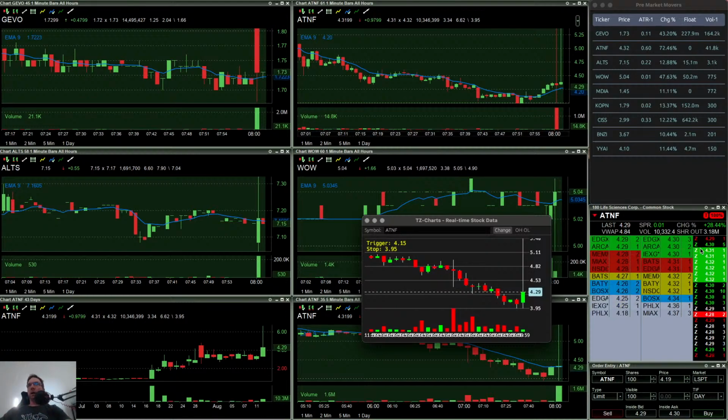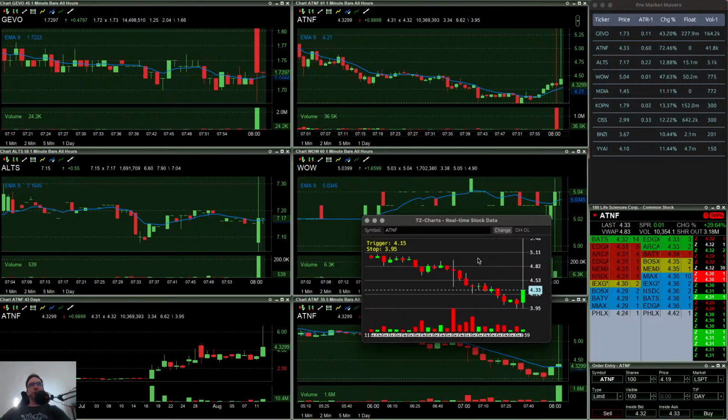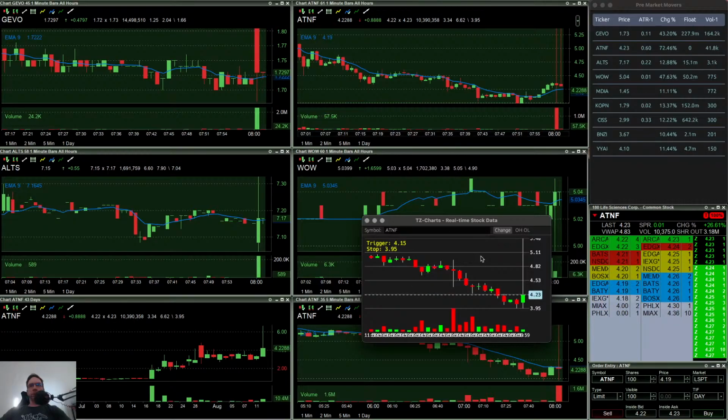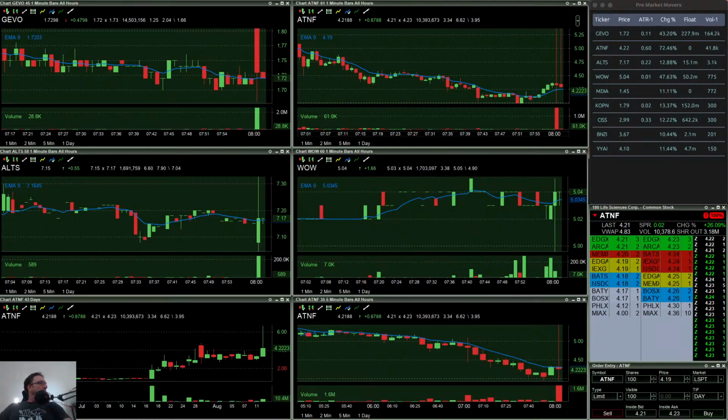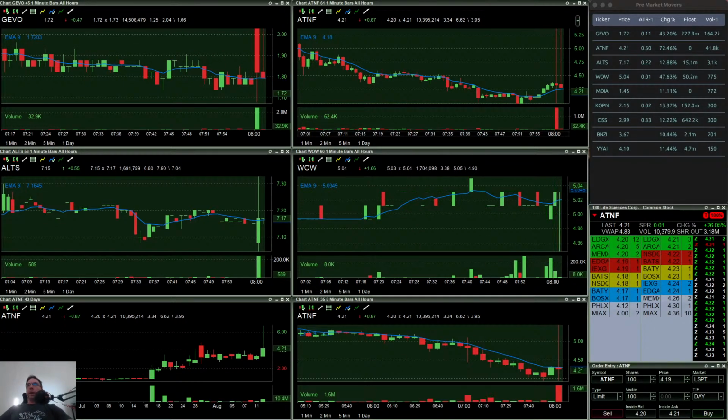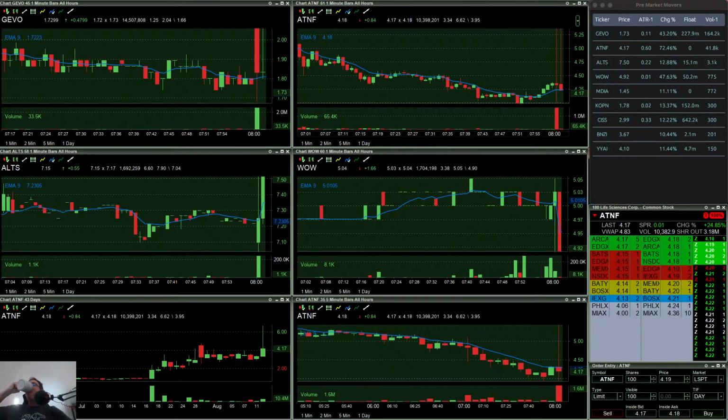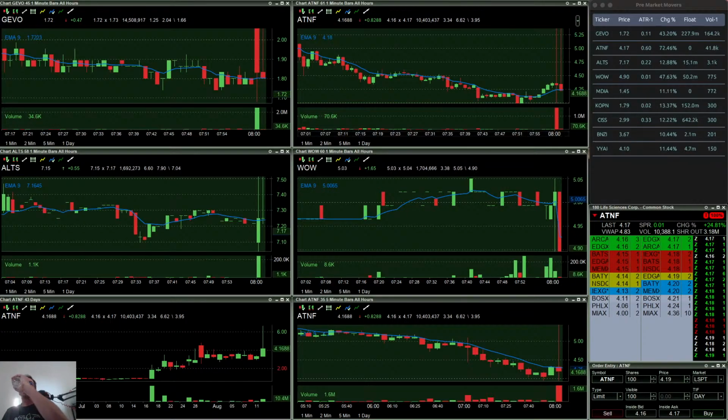Yeah. I think I'm going to have to put something in here for spikes. So I'll put something in there for when it's spiking, because that's annoying.